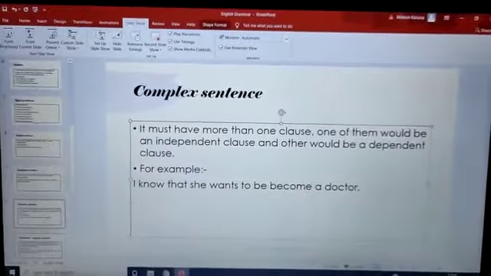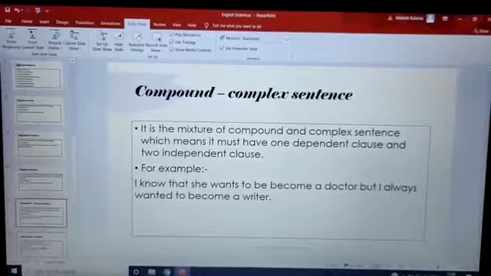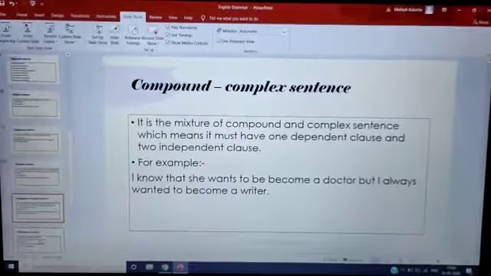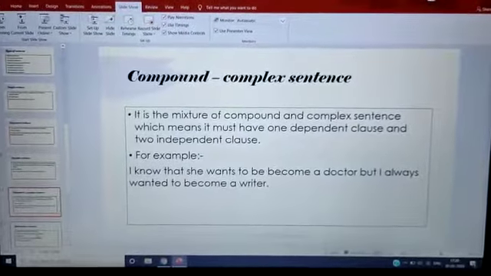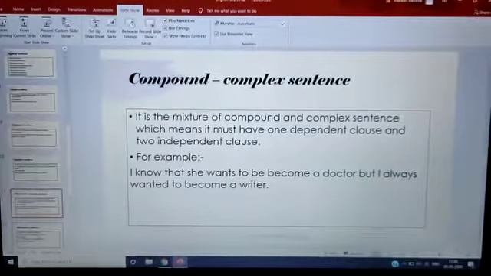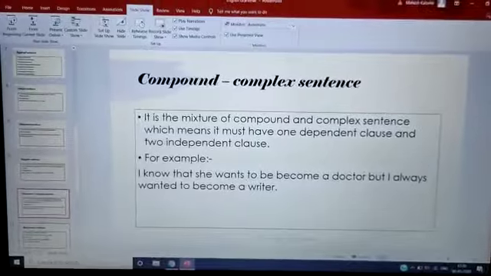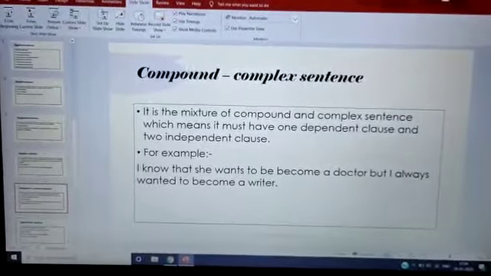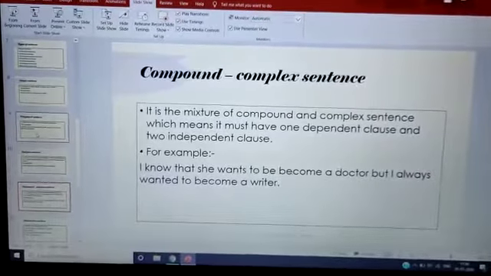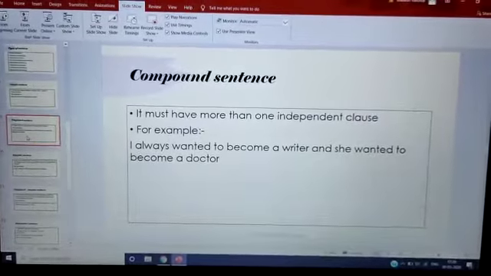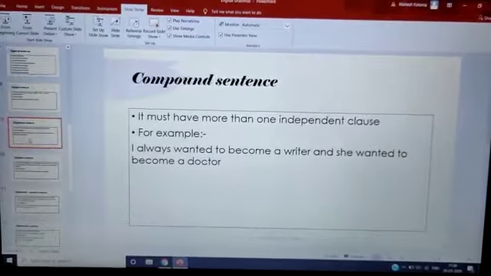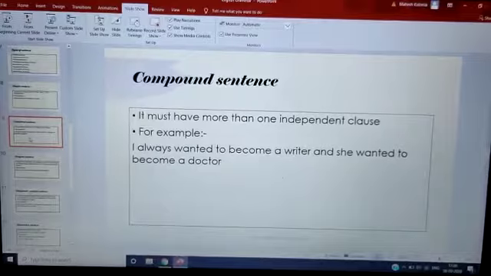Now moving to the next slide, compound complex sentence. From the name itself we can understand that it is a mixture of compound sentences and complex sentences. So in compound sentences, what did we understand? We understood that it would have more than one independent clause.